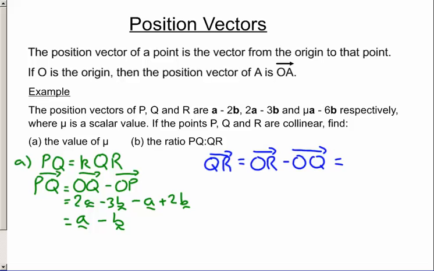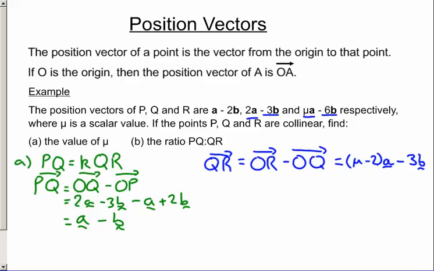We have mu a minus 2a. So that is mu minus 2 a's. And then look at the b's. We have minus 6b minus 3b. So minus 6b, so plus 3b gives us minus 3b. Don't forget there's minus the minus 3b.